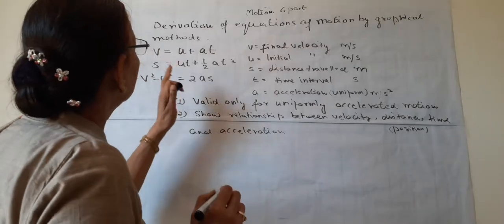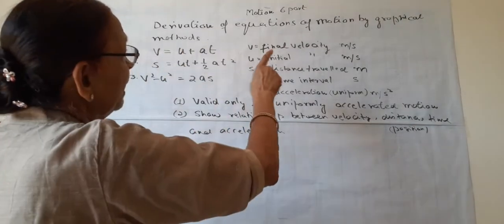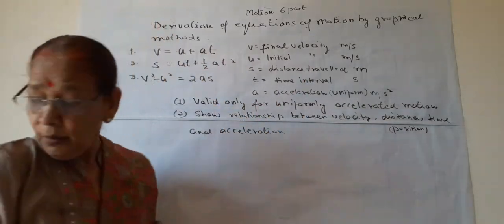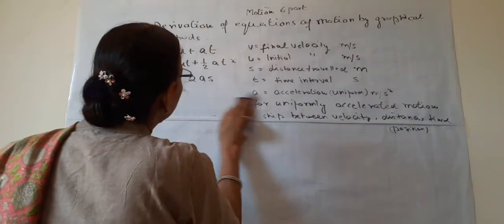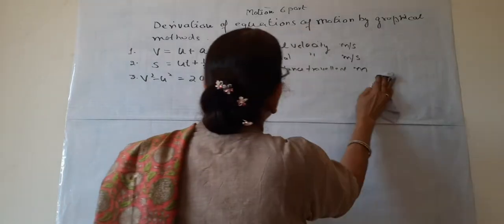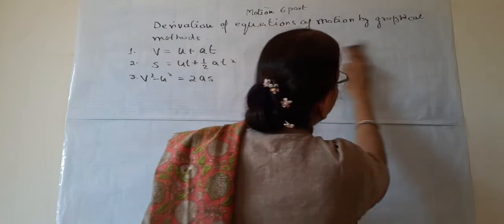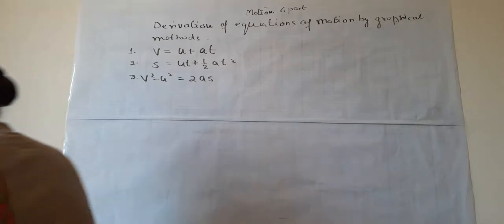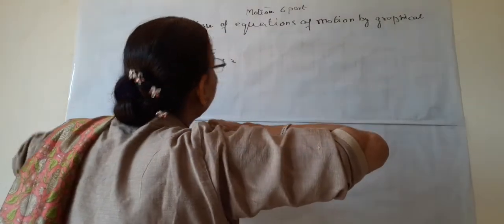Now we will derive all the equations of motion by graphical method. So I am taking the first one, that is v is equal to u plus at. For this, first I have to plot a velocity time graph or VT graph.